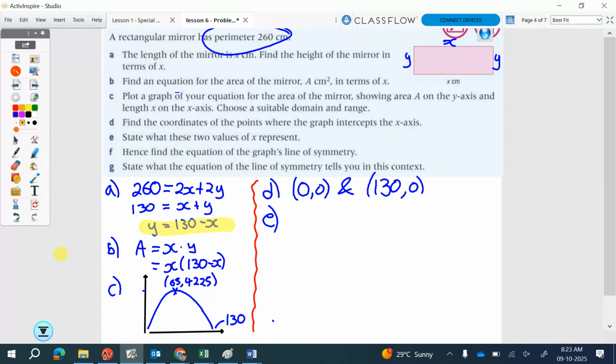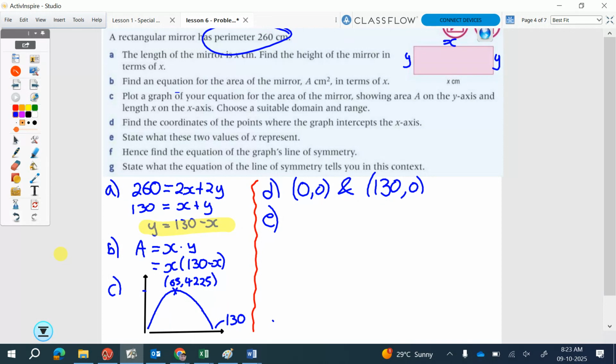State what these values represent in terms of x. That's the smallest x value, and this is the largest x value such that y is not negative. Without negative area, we can't have this.